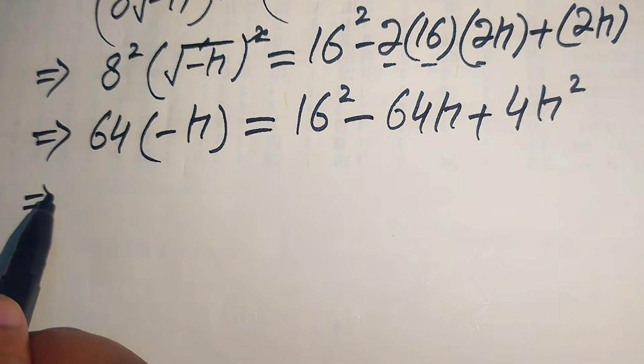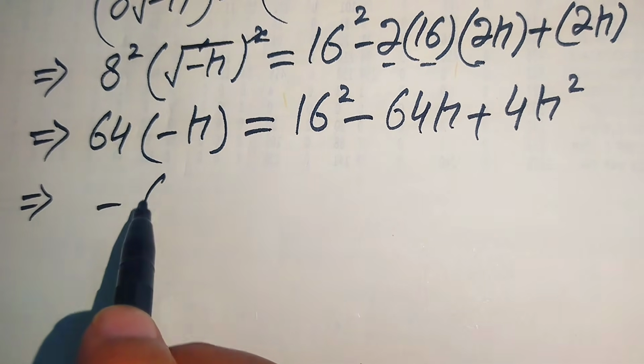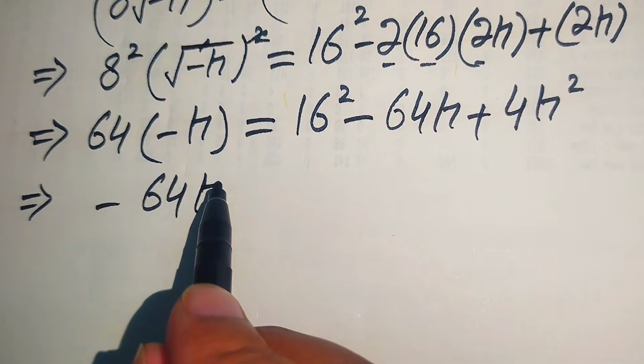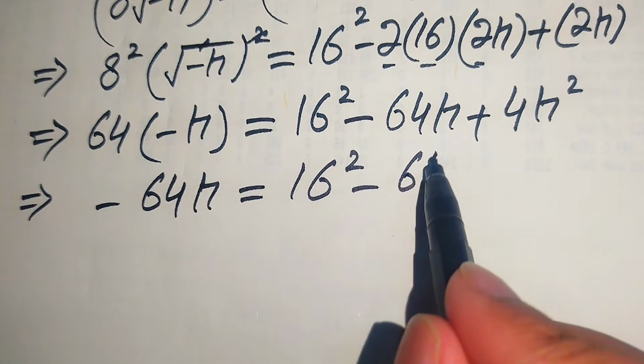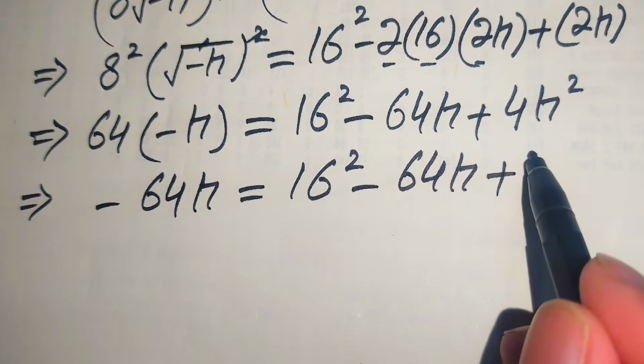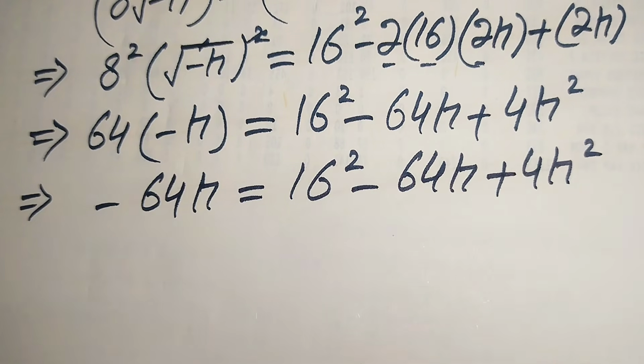Further we have minus 64 times h is equal to 16 square minus 64 times h plus 4 times h square.